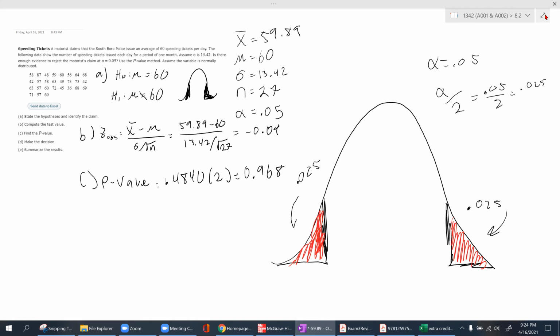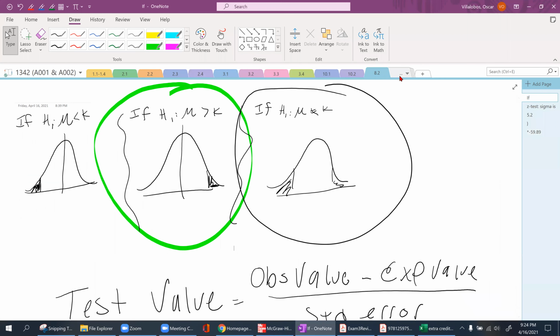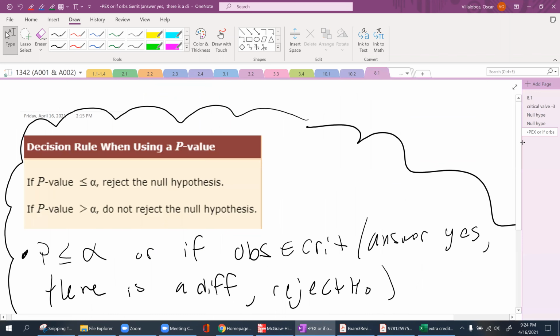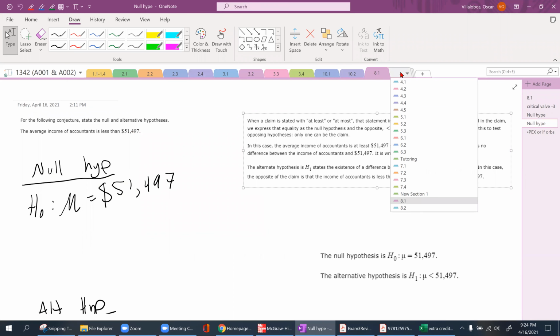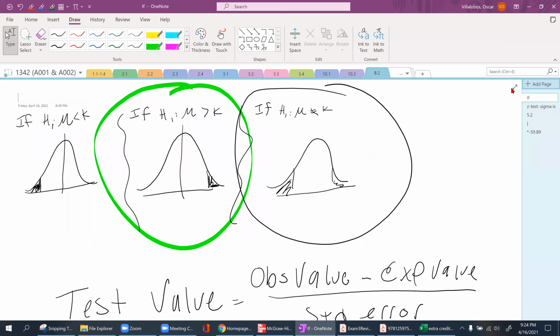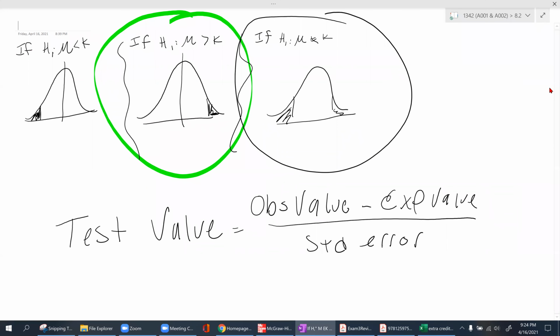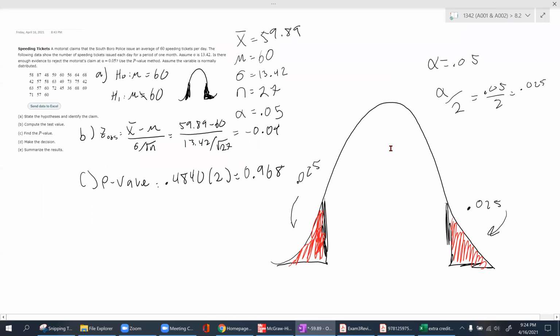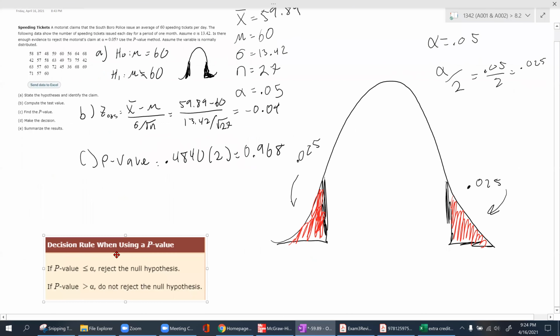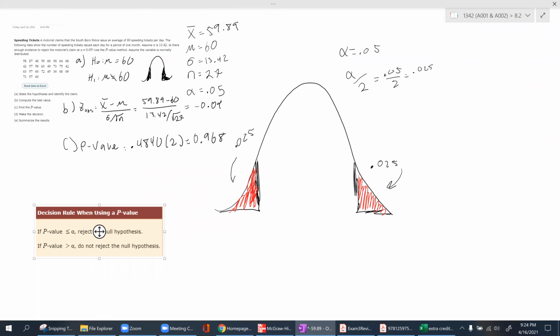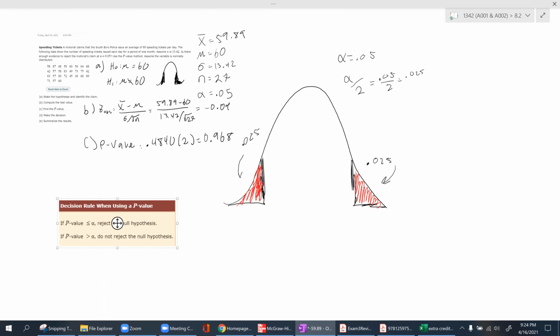If we remember, at the end of 8.1, I said emphasis on this. Let's bring that back. What was your alpha? 0.05. What was your p-value? 0.968.